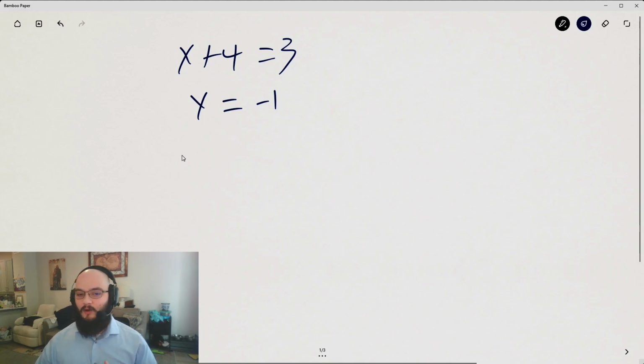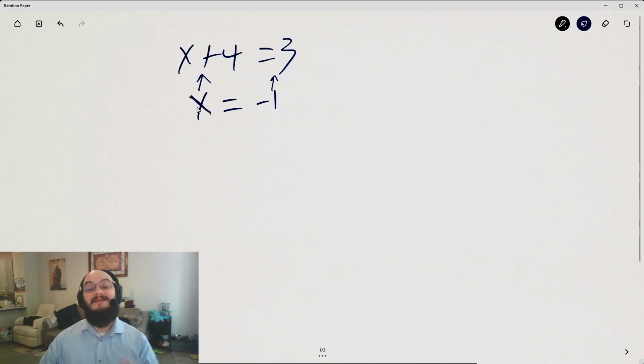And the reason that works is because, let's add these two equations together, just for an example. If I have x is equal to -1, if I add x to this side and I add -1 to this side, that is the same thing as just adding -1 to both sides.